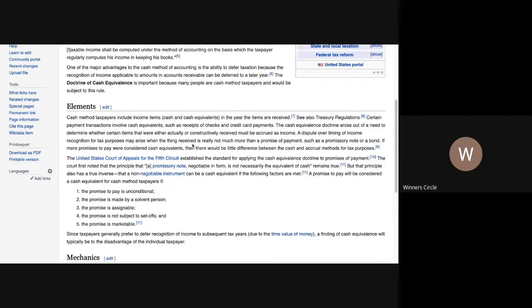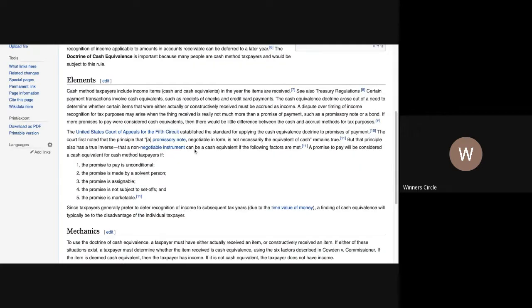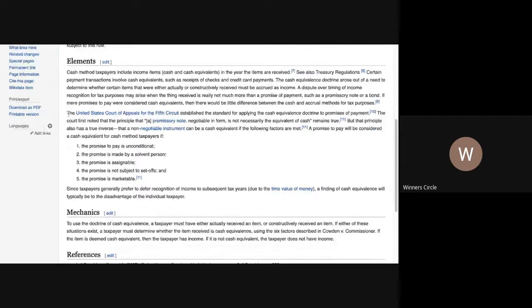Okay? If mere promises to pay were considered cash equivalents, then there would be little difference between the cash and accrual methods for tax purposes. So the United States Fifth Circuit Court established the standards for applying cash equivalence to a promise of payment.